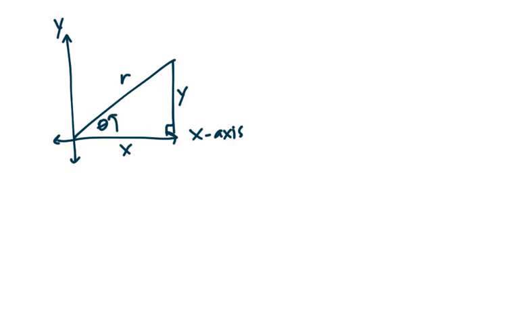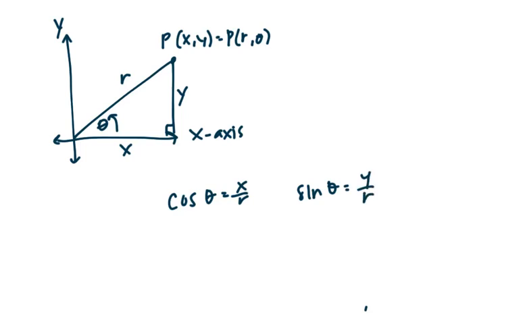Now this point right here, we're used to seeing (x, y), but it's also the point (r, theta). You see how the two match? They go together. That's why in trigonometry, some of you learn that cosine theta equals x over r and sine of theta equals y over r.